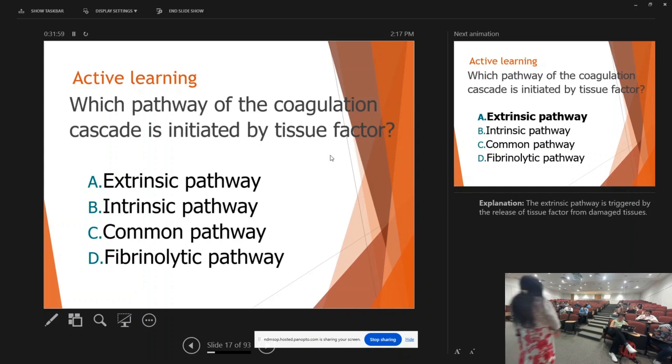Those many questions you review among your group, and then we'll discuss. These are based on the concepts that we just discussed. Everyone has access to that?